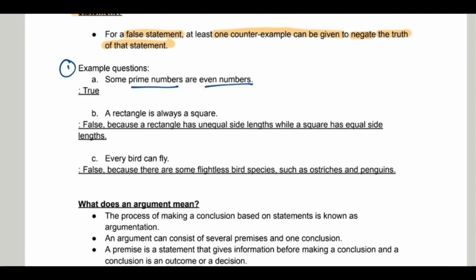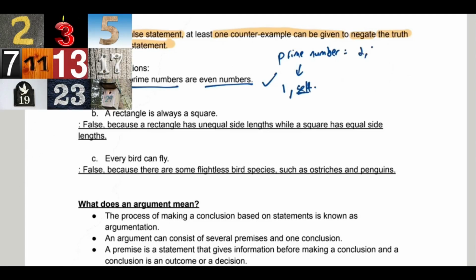This is true. What is a prime number? A prime number is a number that can be divided by 1 or themselves only. So for example, 2, 3, 5, 7, 11. These are all prime numbers.